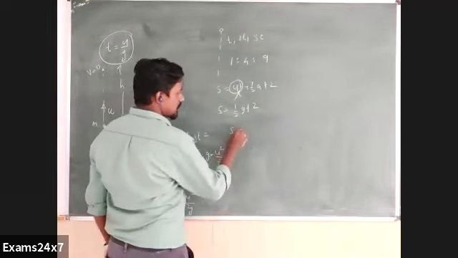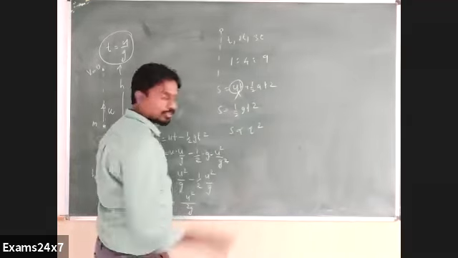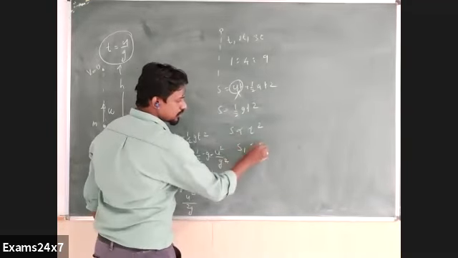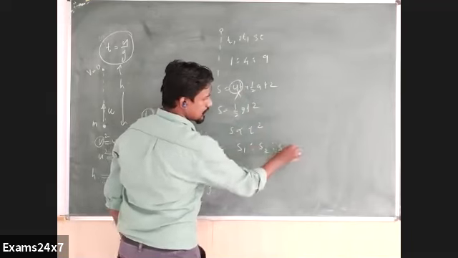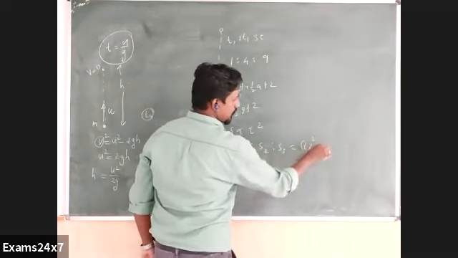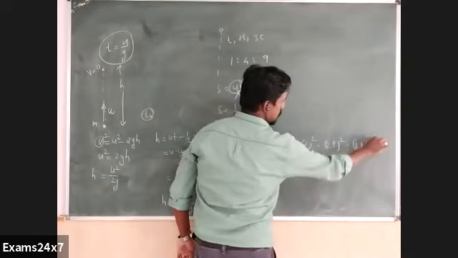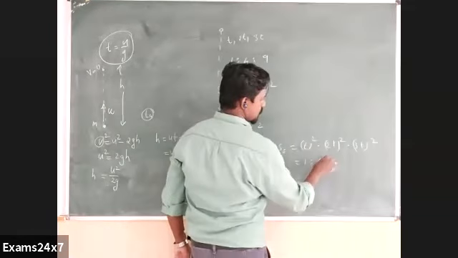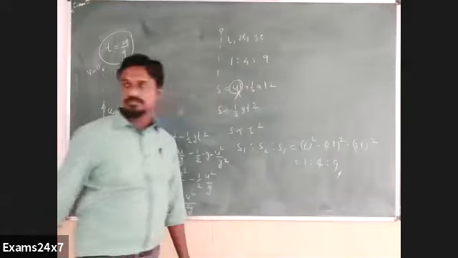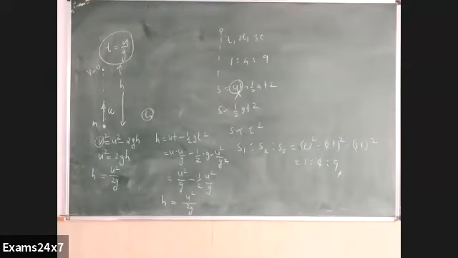So S is proportional to t square. So displacement traveled S1 is to S2 is to S3 is equal to t square is to 2t square is to 3t square, that is equal to 1 is to 4 is to 9. Write down, if it is not written.